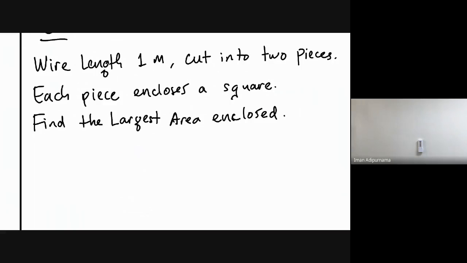You have a wire with 1 meter's length. It is cut and becomes two wires, and from the two wires you are making a square. So you have two squares. What you need to find is the area of the squares, the largest area possible.